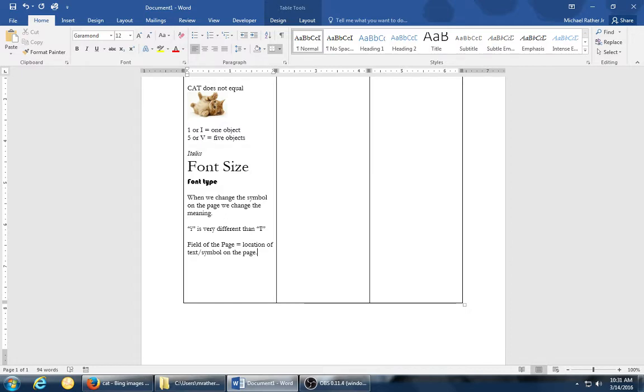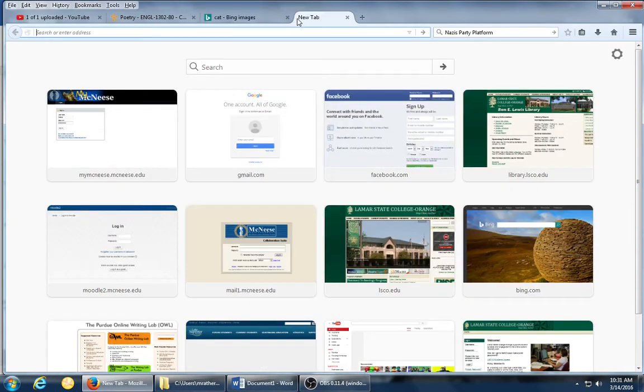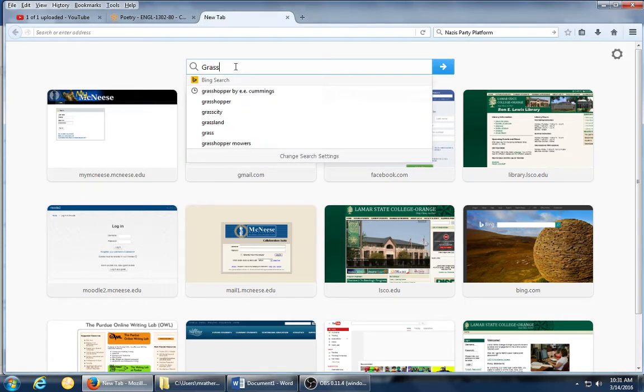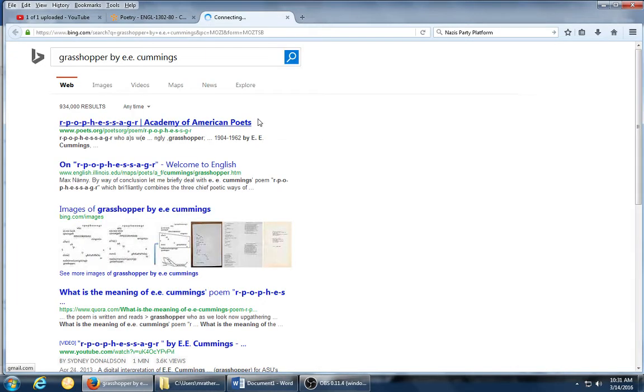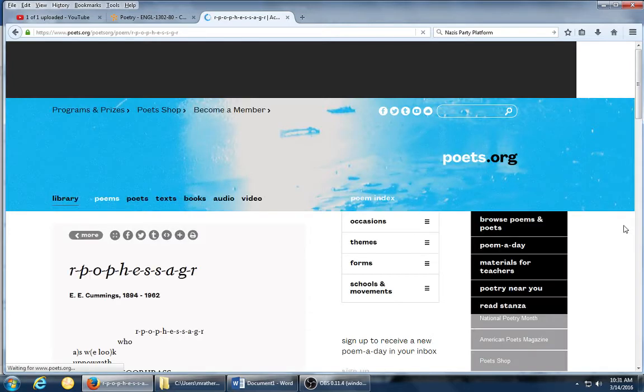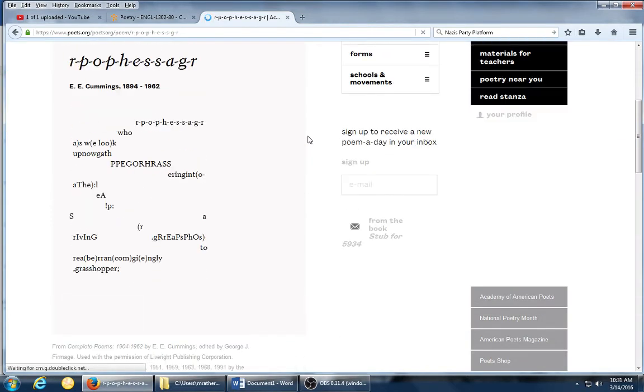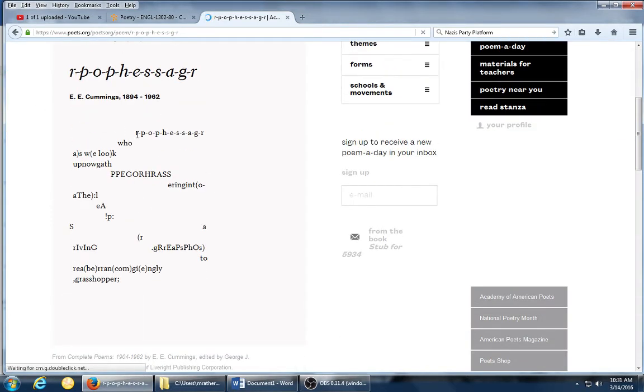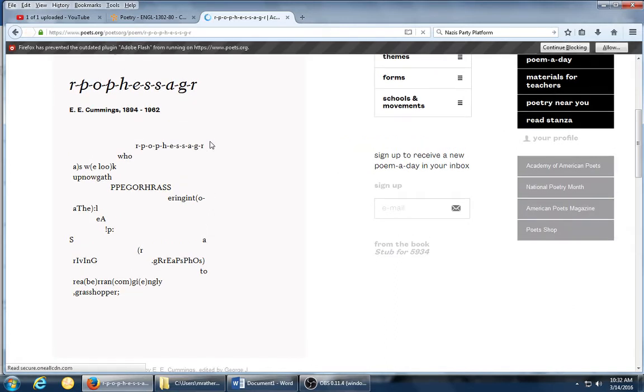So if you look at something like grasshopper, for example, we can pull that back up and think about how that works as a poem. We'll go to the Academy because we like the Academy. You look at this and how it works on the poem. We start over here with the word grasshopper and completely disorganized. It takes a while to figure out that that's what he's talking about.